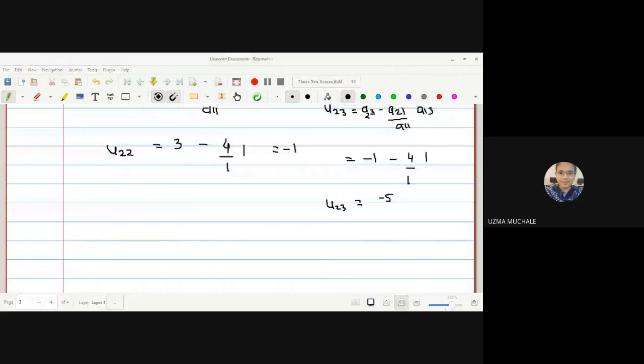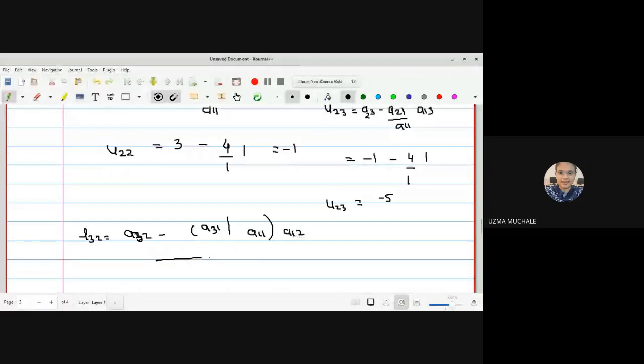Now let us calculate the last one, L32. L32 is minus 2. What is A32?